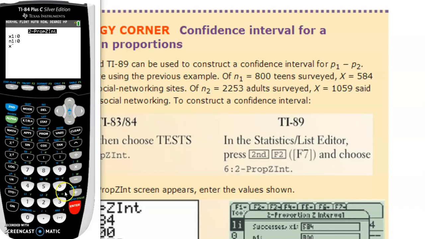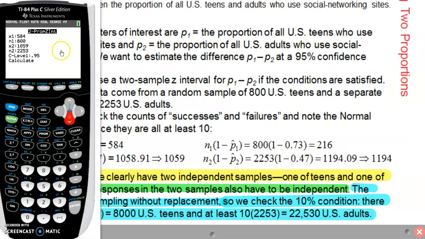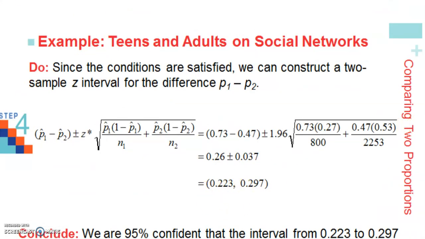All I need to do is type in the number of successes and the sample size for each of the 2 different groups, with confidence level 95%. Hit calculate, and there's my confidence interval. Same interval I got there.